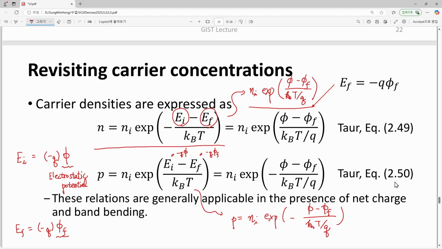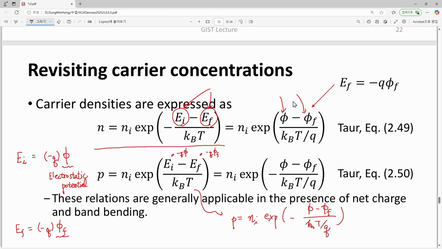So what is the difference between the previous one and the new one? There is no difference. We just introduce slightly different expressions. Previously they were expressed with certain energy variables, and now we have introduced potential variables. That's it.